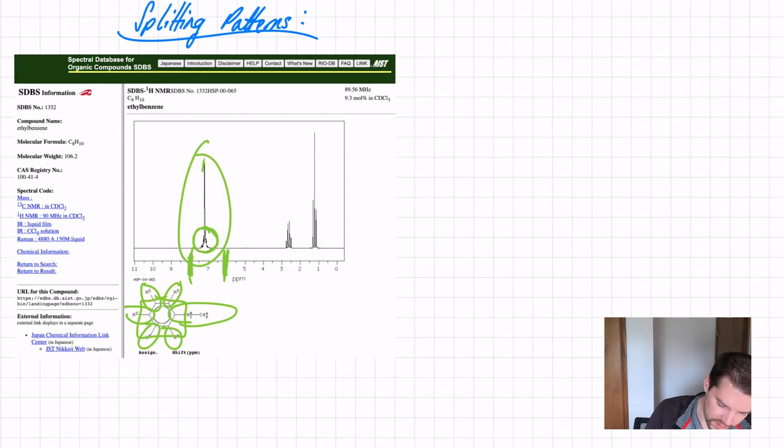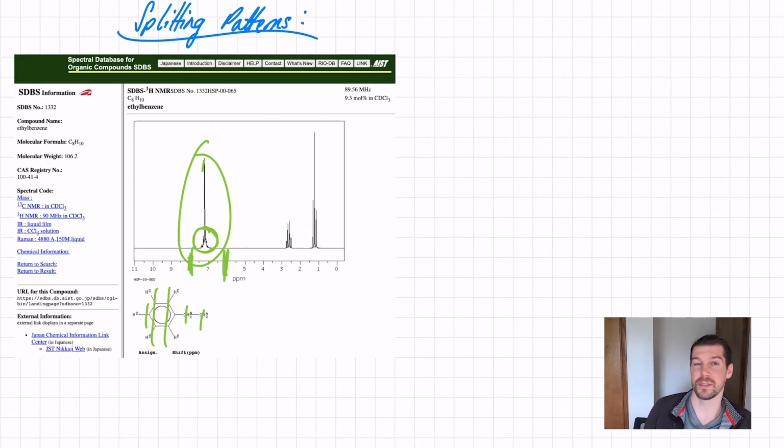Let me erase some things. This is becoming a little bit of a mess. So technically, if you're asked on a test, there's one unique signal, 2, 3, 4, 5. We have 5 unique proton environments, but do they show up uniquely on our H-NMR?